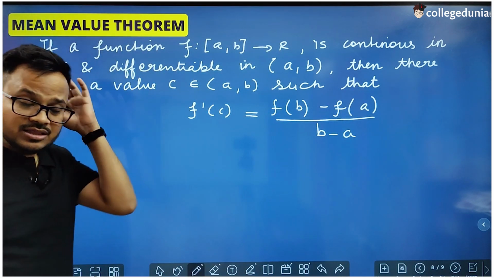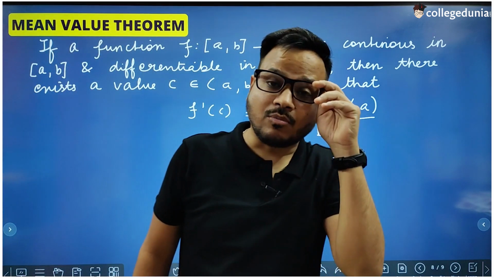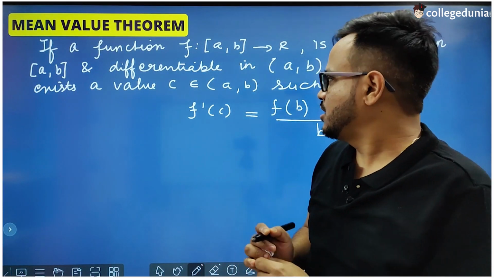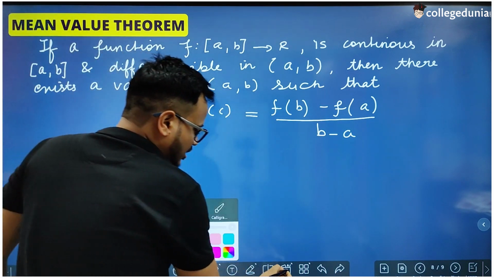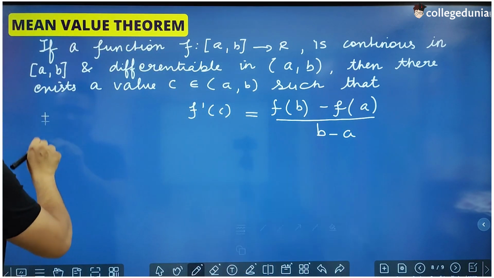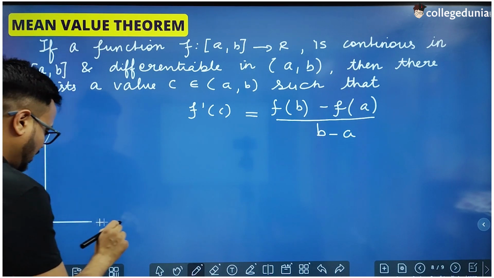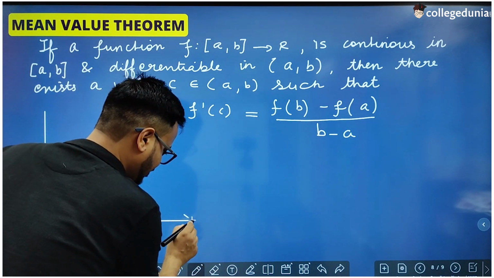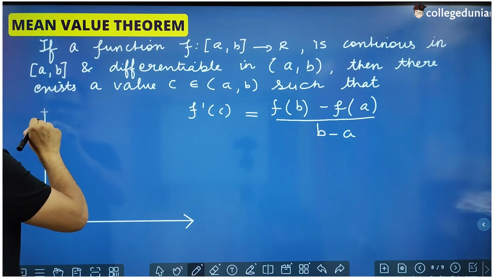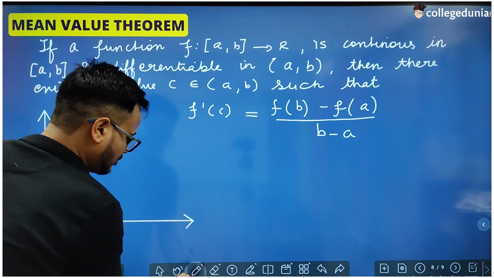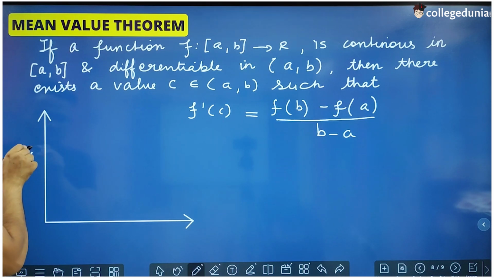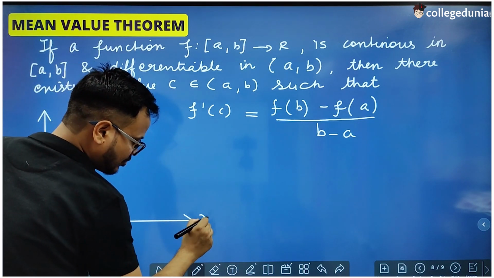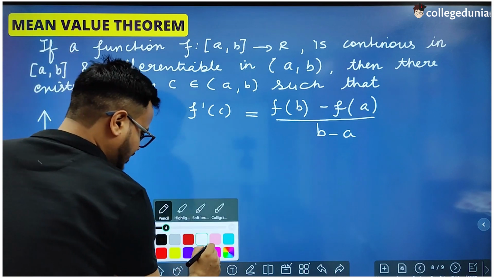Okay, so what is the logic behind this theorem, what is this theorem saying? Now let us take the graph of a function f x. This is f x and this is x.